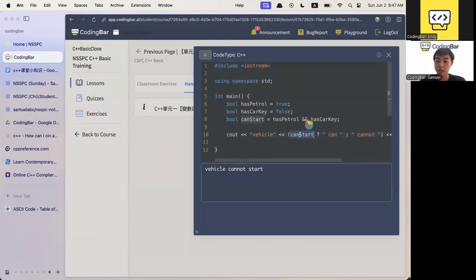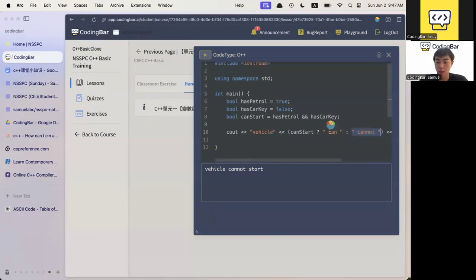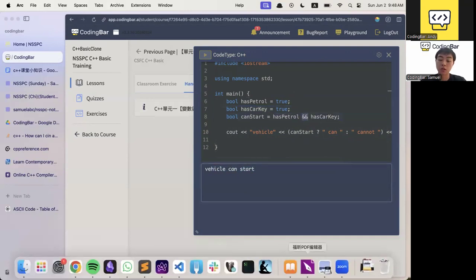This actually means if can start is true, then we're going to execute this statement. Otherwise, we are going to execute this cannot statement. So if can start, we return this can to the output. If cannot start, we return this cannot to the output. So it will be printed out if both are true, so the vehicle can start. This is a demonstration about AND.